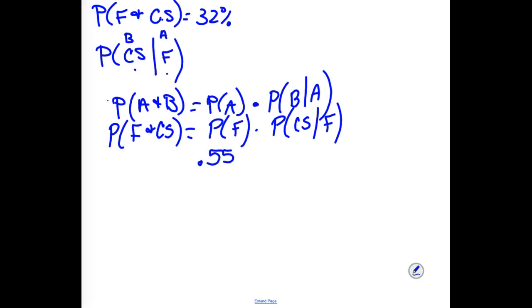The conditional piece is what they're asking us to find. So that's our unknown. And what do we know about the and? They're female and they play a competitive sport. 32%. How are we going to find it?